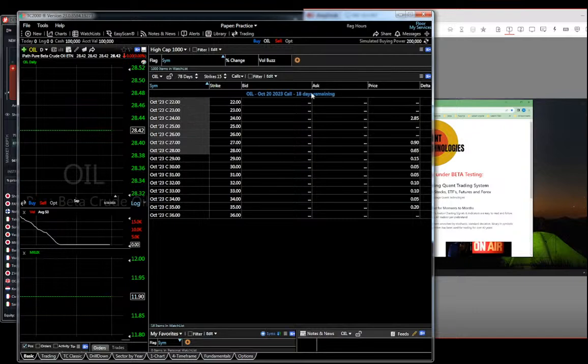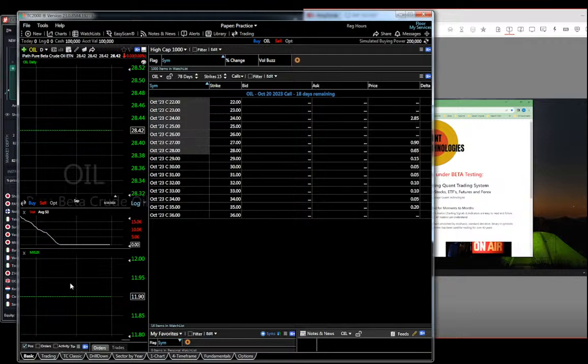See, this is the oil. This must be some type of paper practice. I thought there was an ETF. There's a couple different oil ETFs. Let me just look at some other oil ETFs. Let's see if we can do this.